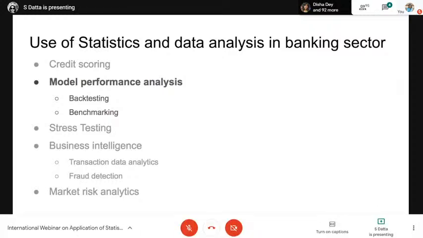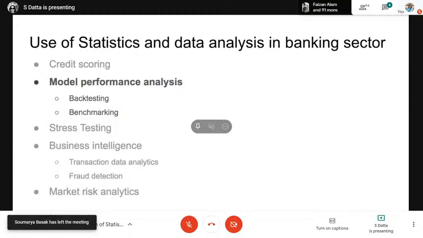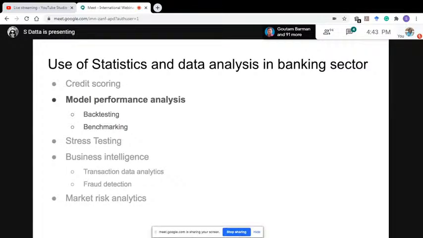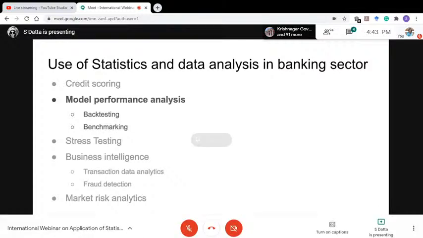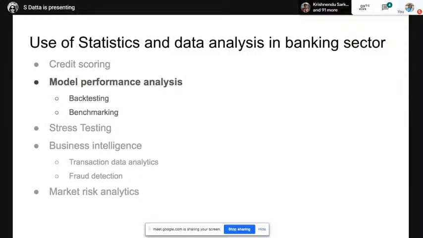Let's say you have a portfolio of 100 people, and you have certain probabilities of defaulting. You can see if they're actually defaulting or not, so you can see how your estimation from the model and the actual occurrence align. That's how you can assess if model performance is fine or not.